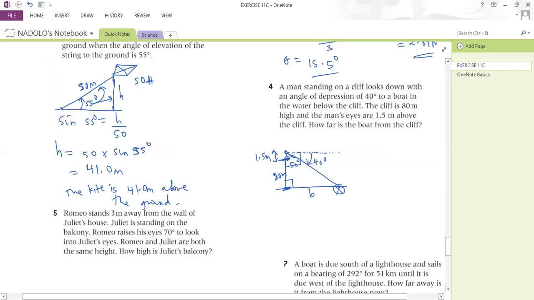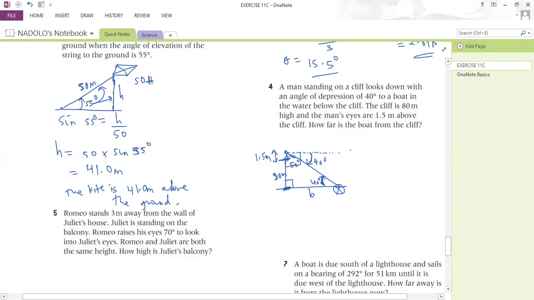The other concept you can use is that the angle of depression should be equal to the angle of elevation. So this angle, if your eyesight is here and you go up, this should be 40 degrees. So you can use any of those properties. So we are looking for B.